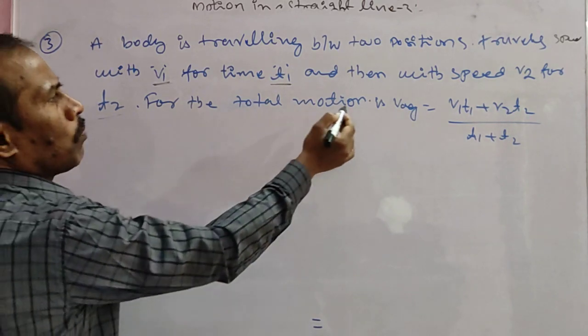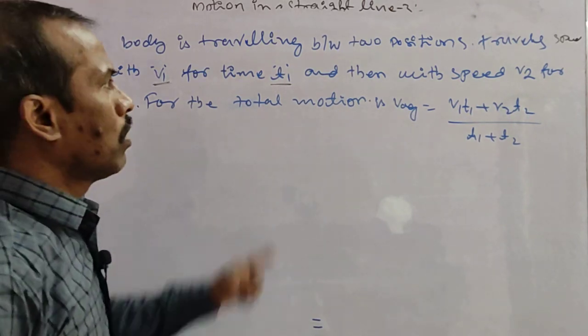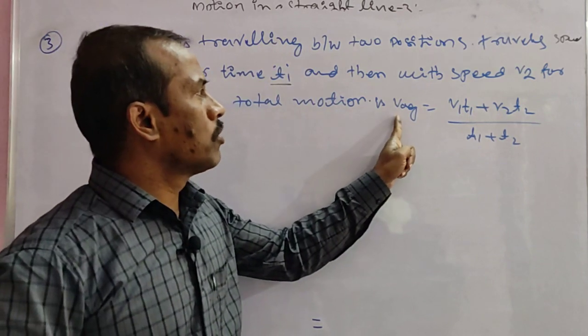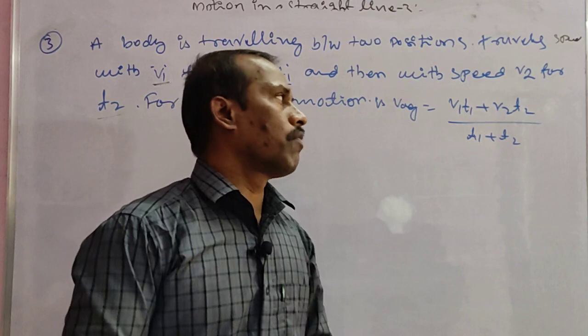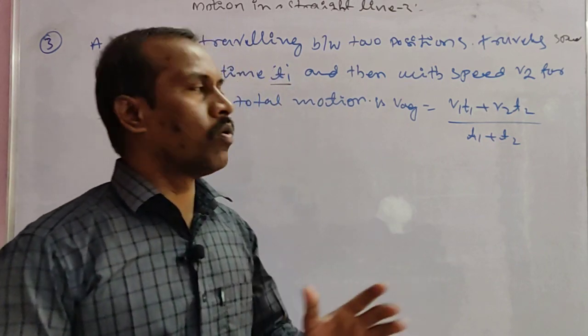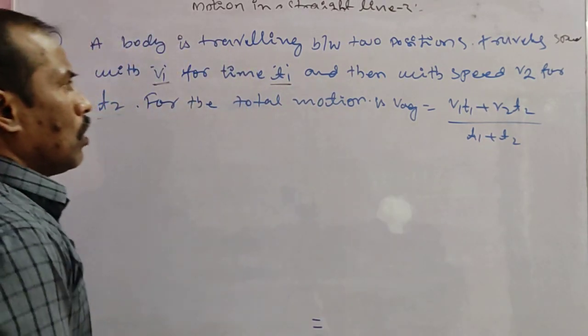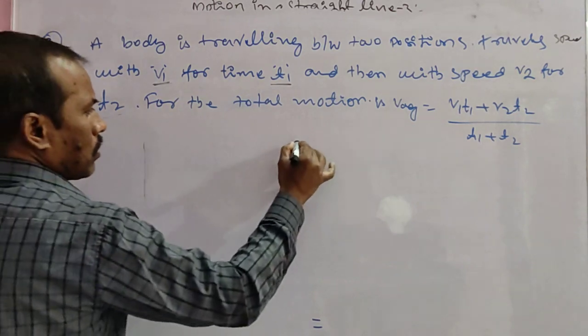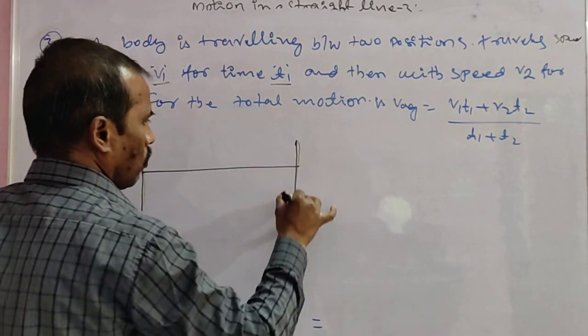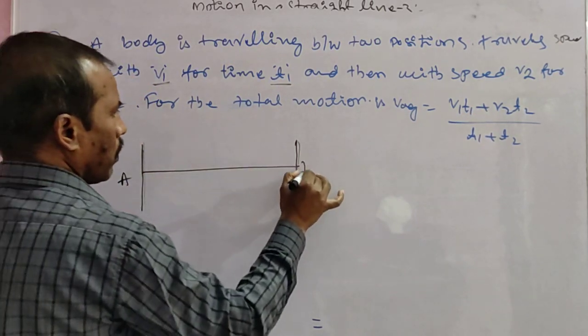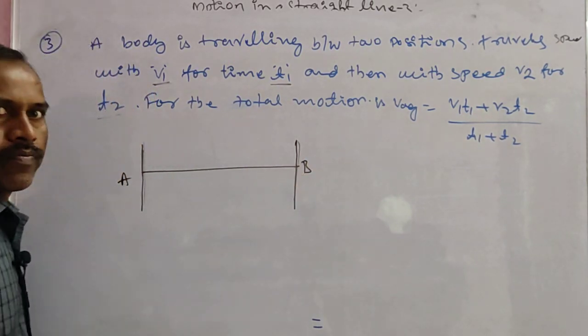For the total motion, the average speed of this particle is equal to v1 t1 plus v2 t2 by t1 plus t2. This is a formula. How to derive this formula? Here, for example, these are two positions, A and B.